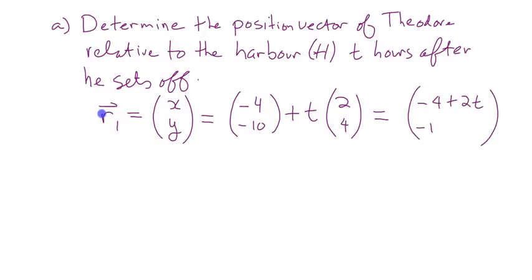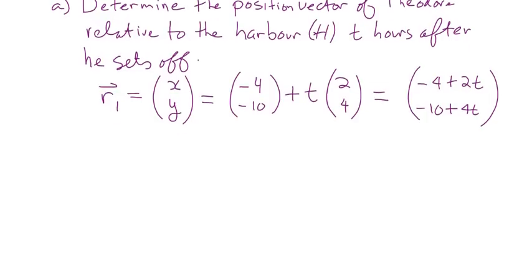So that's Theodore's position relative to the harbor at any time t measured in hours after he sets off. Questions about that? We're good?